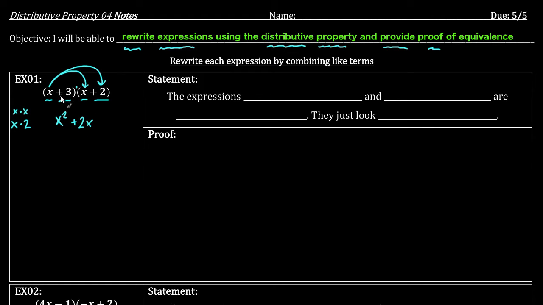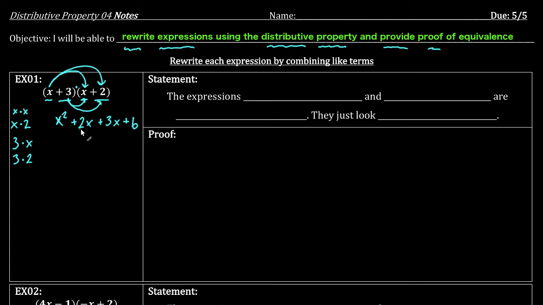And then we have a positive 3 times x, which we know is just positive 3x. Then we have a positive 3 times positive 2. Positive times positive is a positive 6.